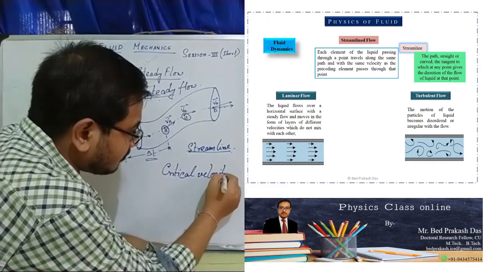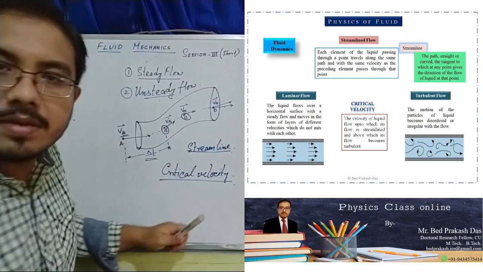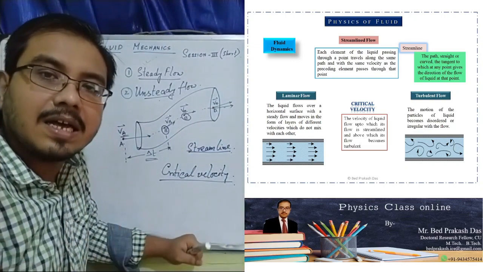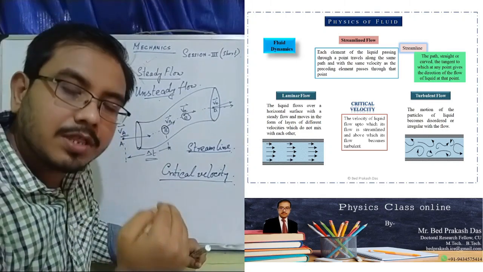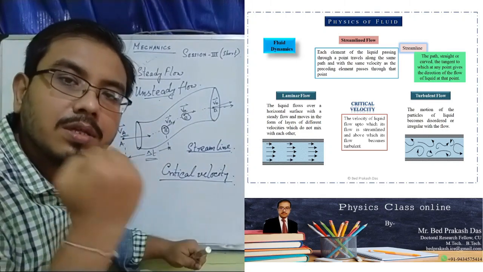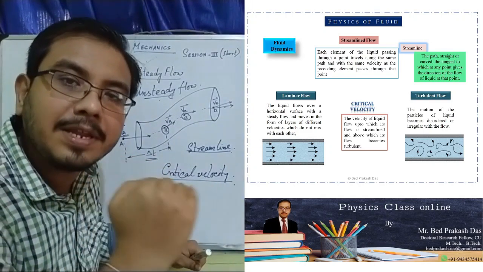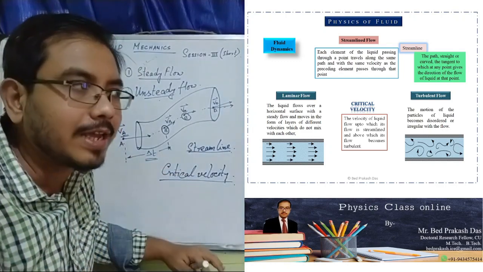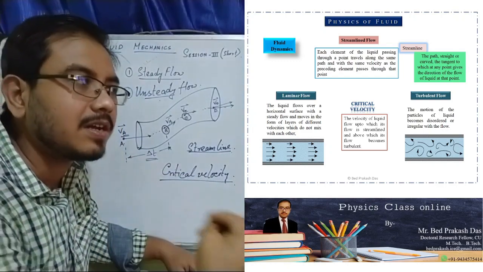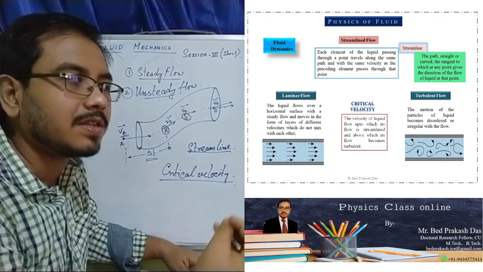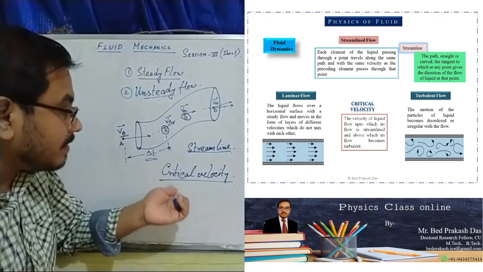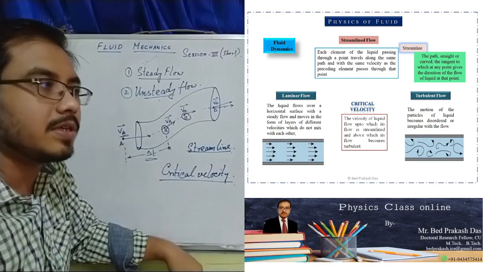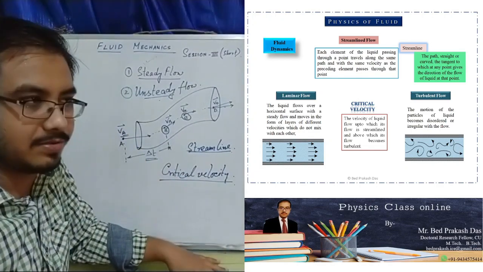Critical velocity is defined as a particular velocity below which the fluid shows a streamline or laminar nature in its flow, but above the critical velocity the fluid exhibits turbulent nature. So this particular velocity is known as critical velocity.